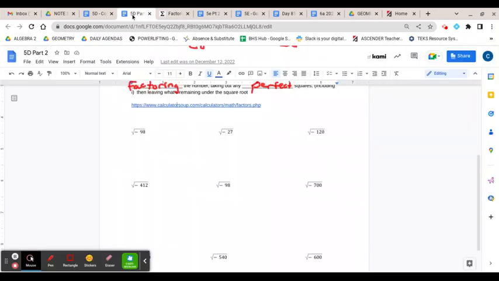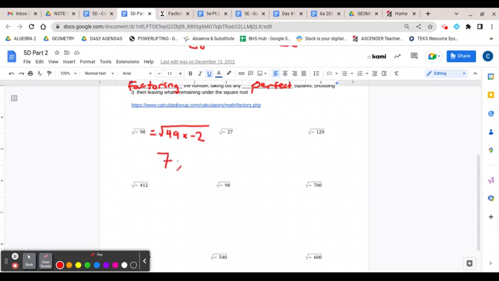Okay, so if we're going to do this, we have the square root of -98 is really going to be the square root of 49 times -2. Again, we could split this up. We could pull out any perfect square. So the square root of 49, we can pull out as 7.